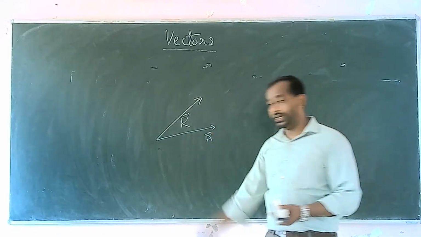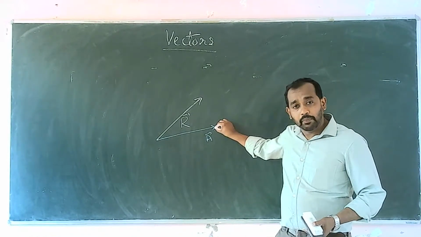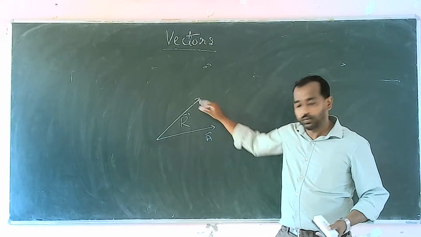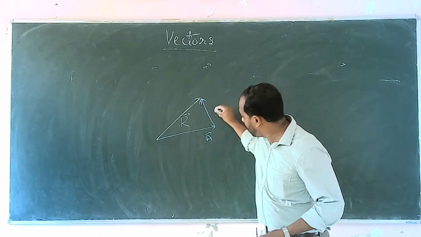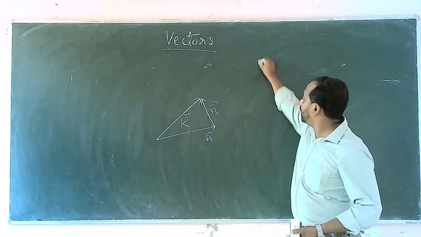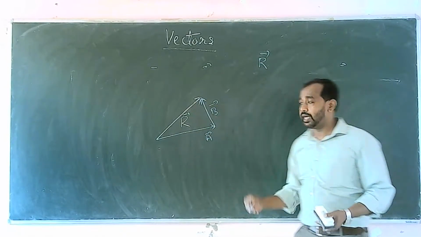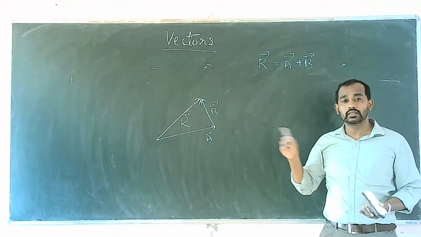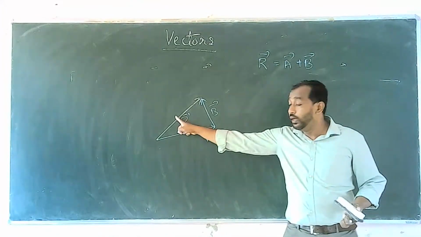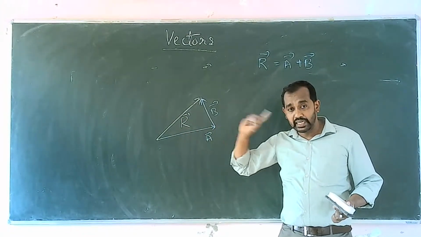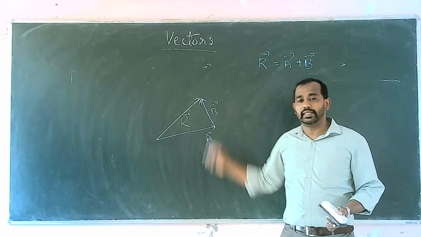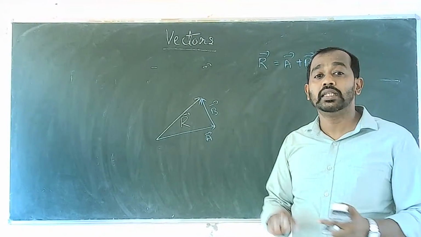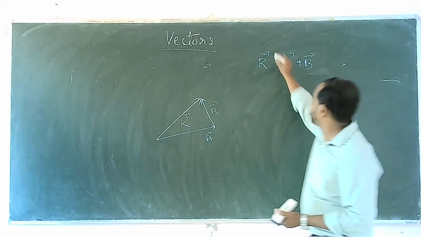So this is represented as vector A. And at the point where A ends, I will start B, and it will end at the head of R. So from the triangle of vector addition, we know that the resultant R can be represented as vector A plus vector B. This is one way of representing it. We divide R, a single vector, into the sum of two vectors. This method of splitting a vector into different forms is known as the resolution of a vector.